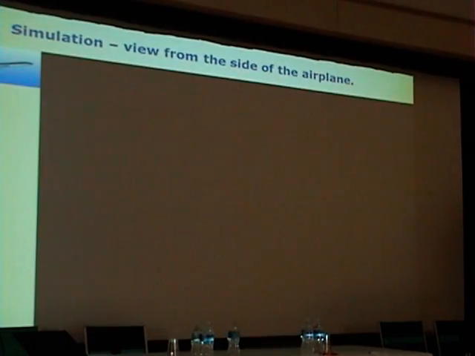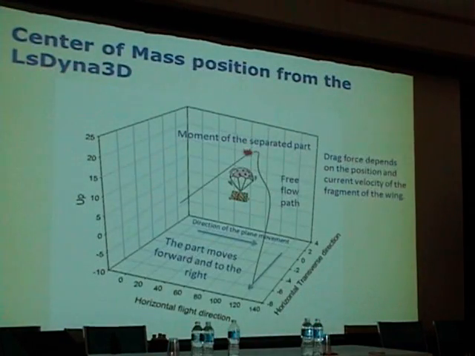Well, let me show you how this looks in three-dimensional space. This is the center of mass of the piece that was flying and separated. This is the moment of separation. This part of the path is the so-called free flow path. This is the piece that is just flying due to inertia.